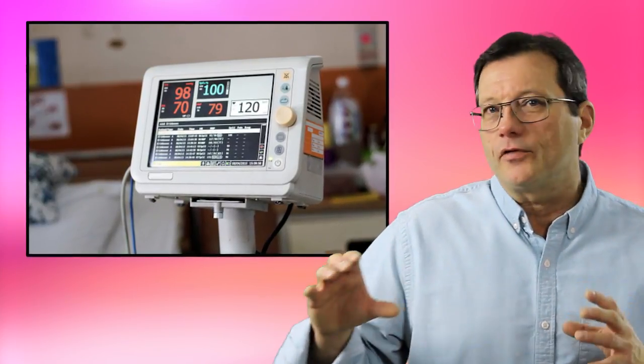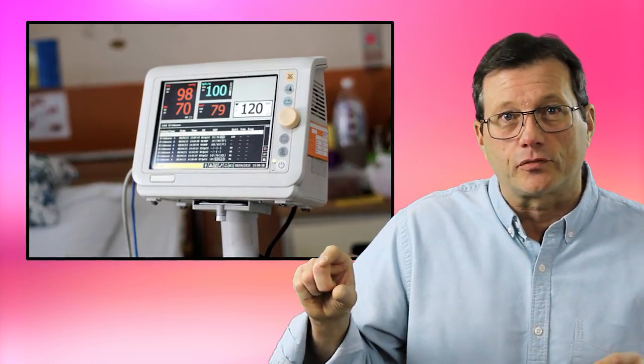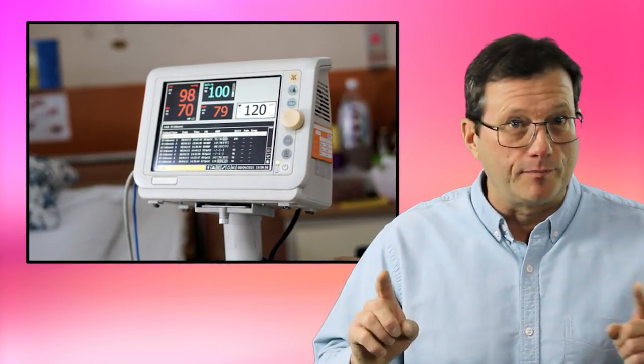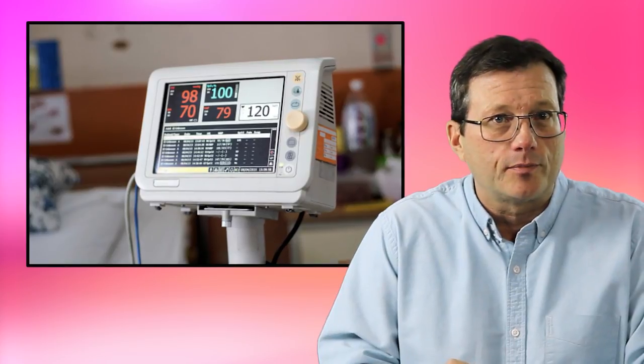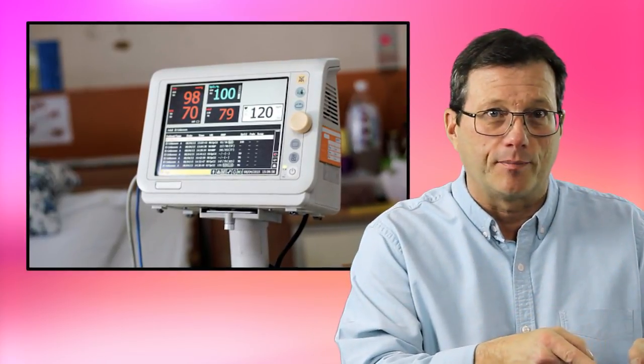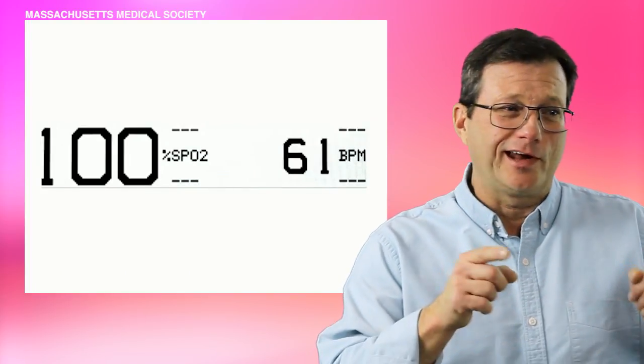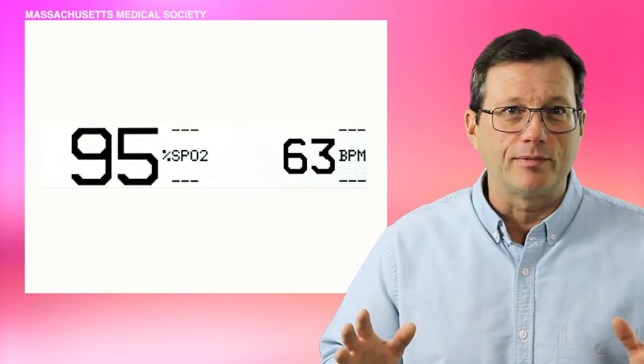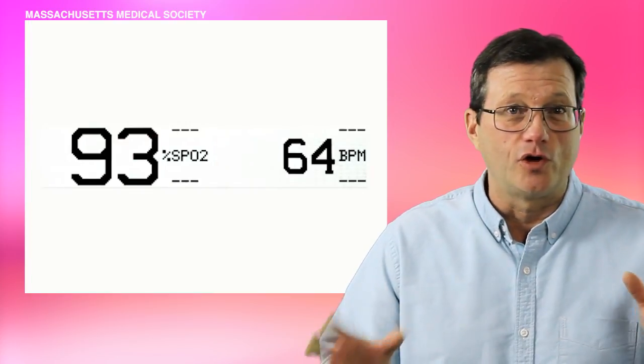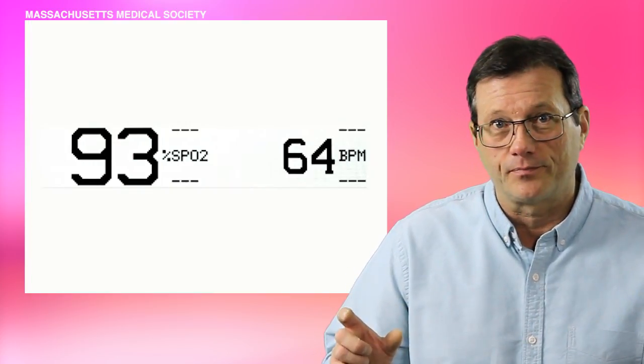Now, another thing, remember this is a pulse oximeter. On the pulse oximeter itself, it's going to give you a pulse reading. And that pulse reading should match the pulse you're taking from the patient or what you're seeing on your cardiac monitor. So, if your cardiac monitor says 100 beats per minute and your pulse oximeter says 60 and you have a low sat reading, it's probably not accurate. It's not verified. They don't match. Those numbers have to match.